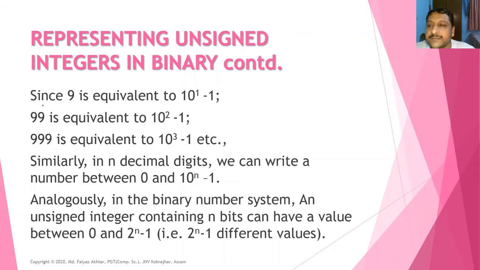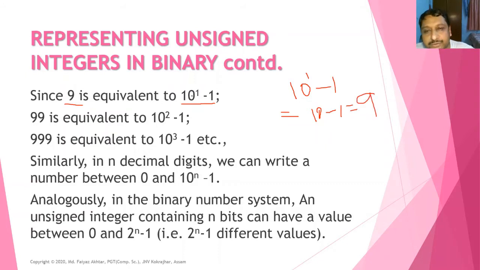Now, 9 is equivalent to 10 to the power 1 minus 1. How is it possible? 10 to the power 1 is equal to 10, and minus 1 becomes 9.